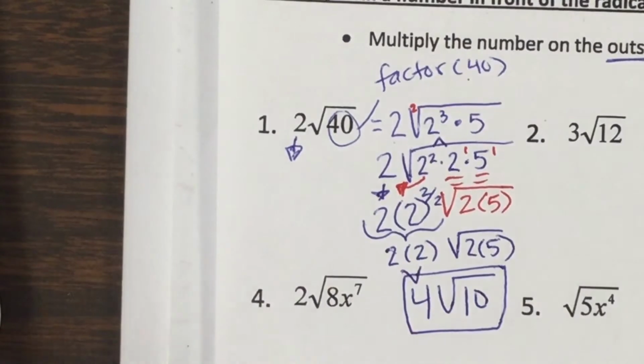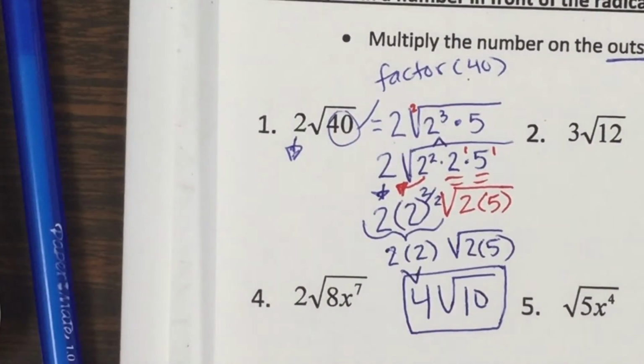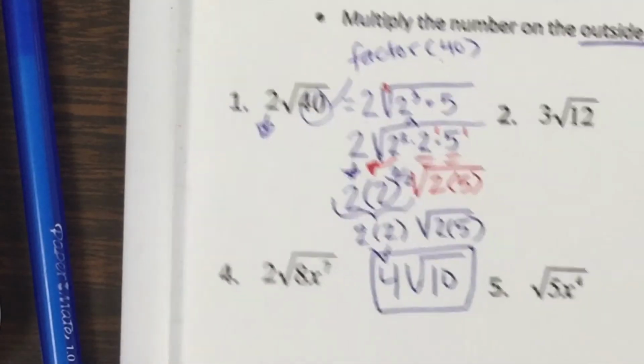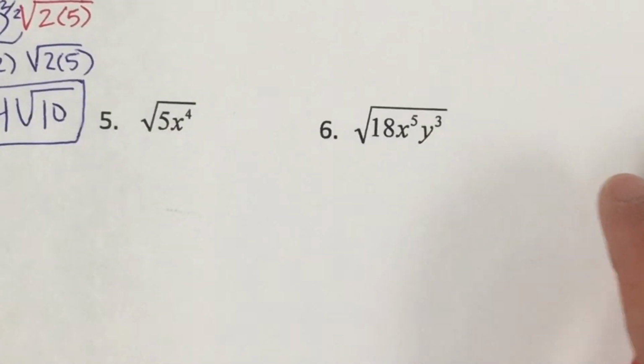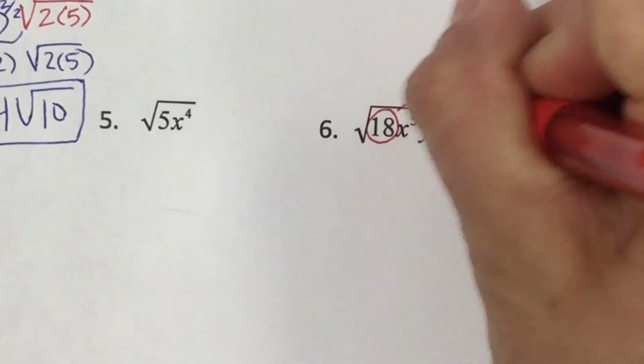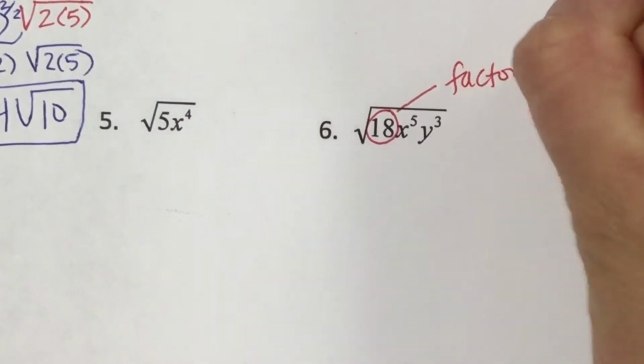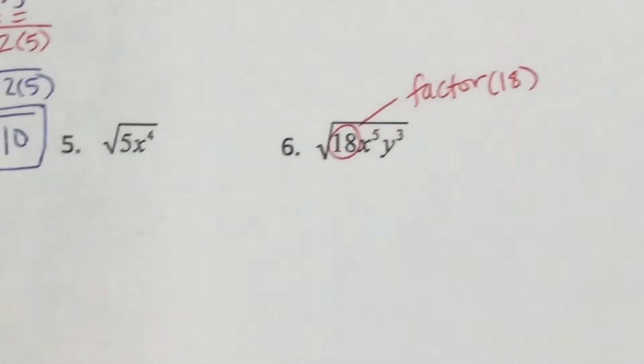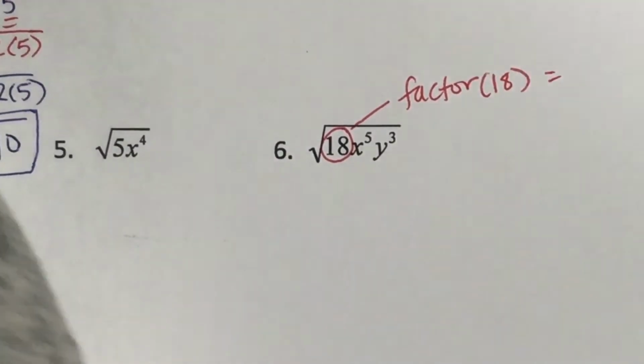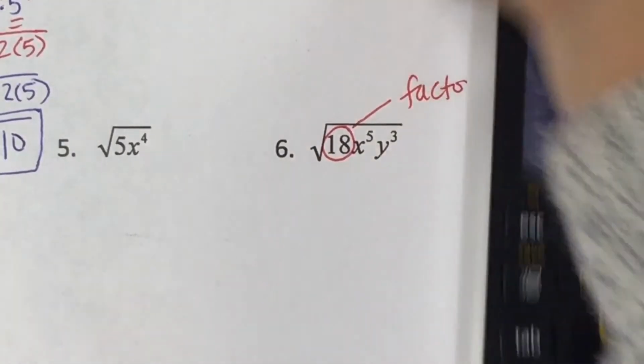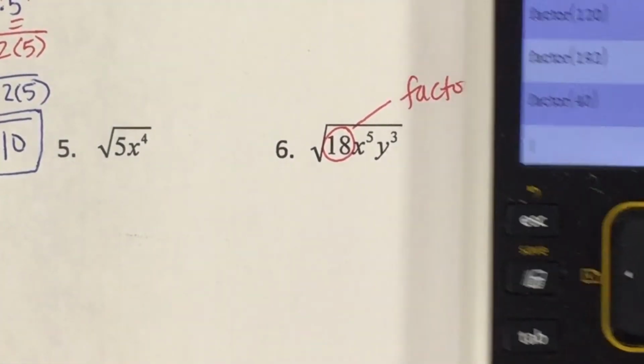If you guys still have questions, come and see me. But if you need another example, we can do 6. Here you put in the calculator, only factor the number 18.